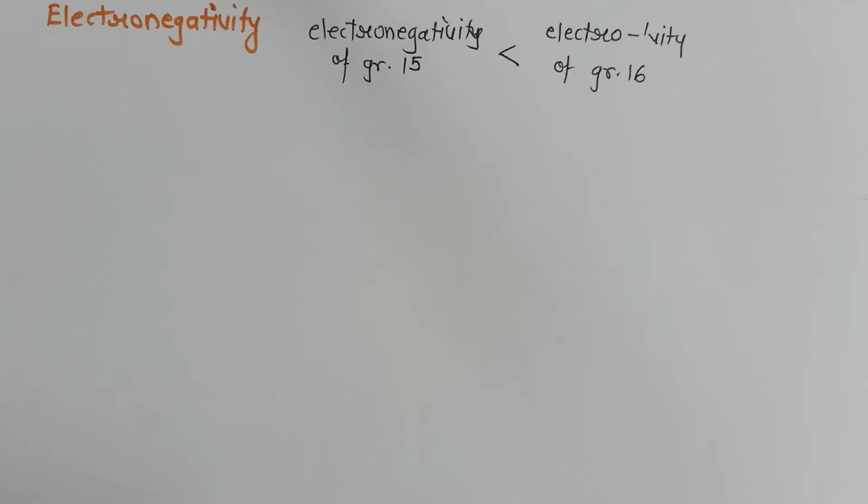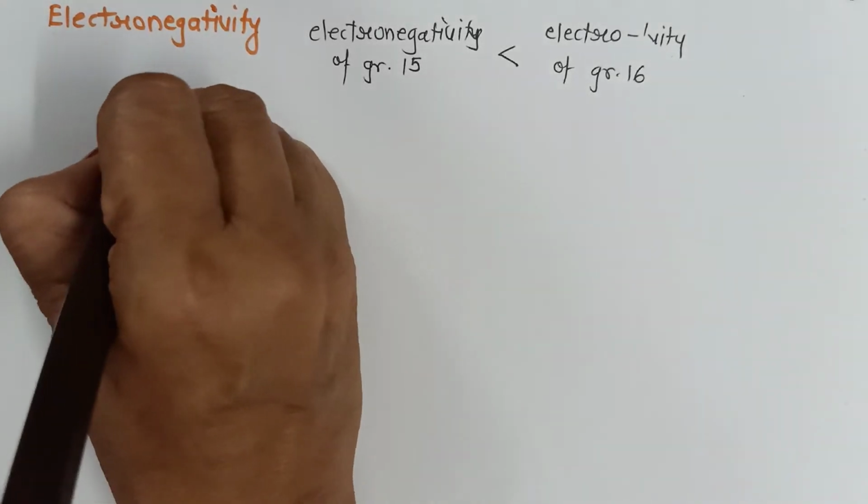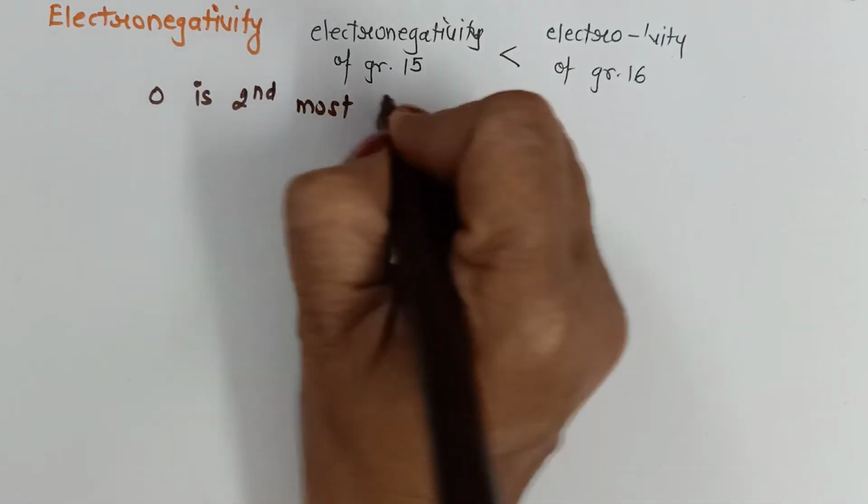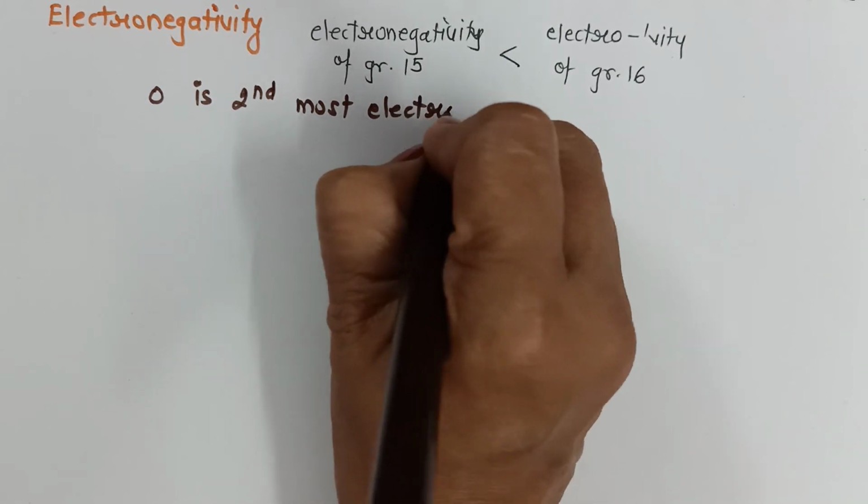Moving on to next property, the elements of group 16, they will have higher value of electronegativity as compared to those of group 15. We know oxygen is the second most electronegative element.